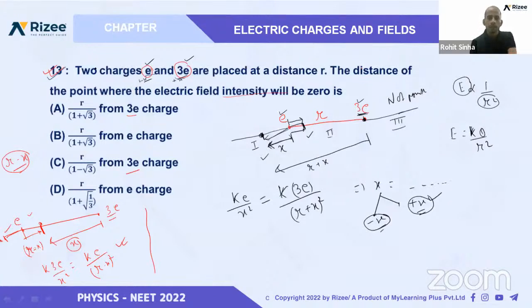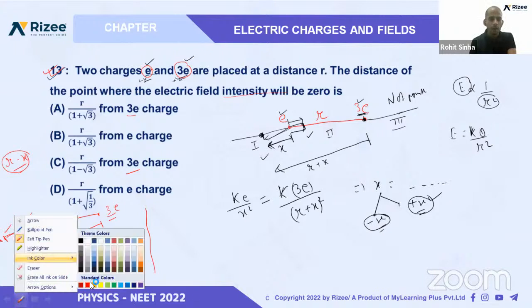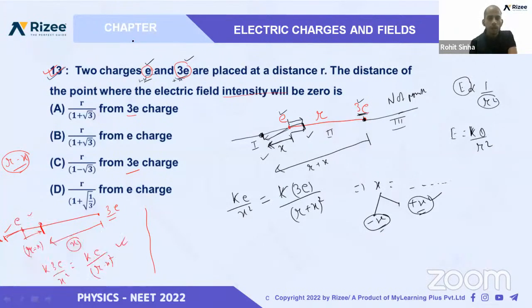Remember, this question usually comes in your exam, and it also comes for electric potential. The same concept we apply, only we apply the formula of electric potential in place of electric field. So let us move further to the next question.